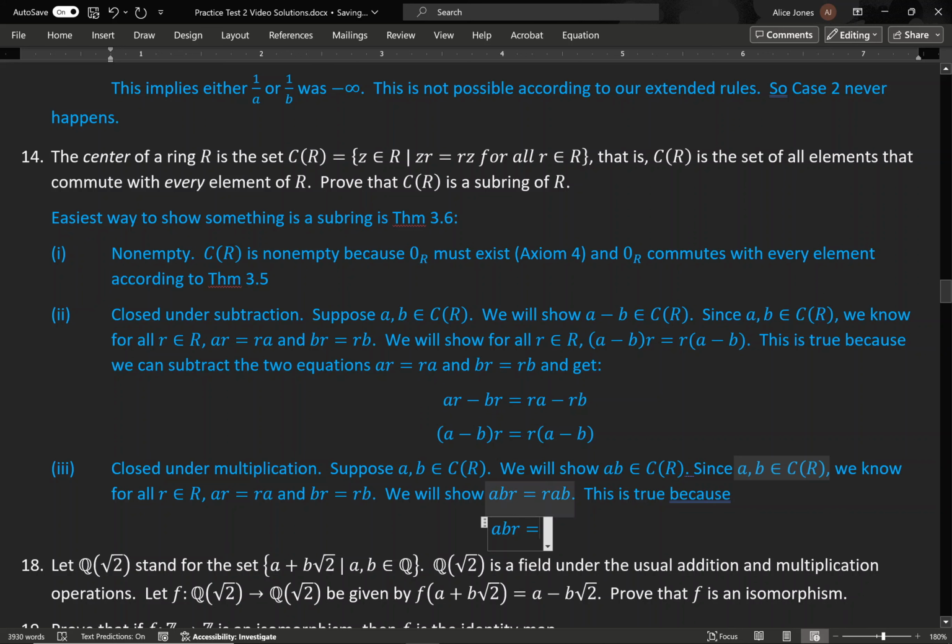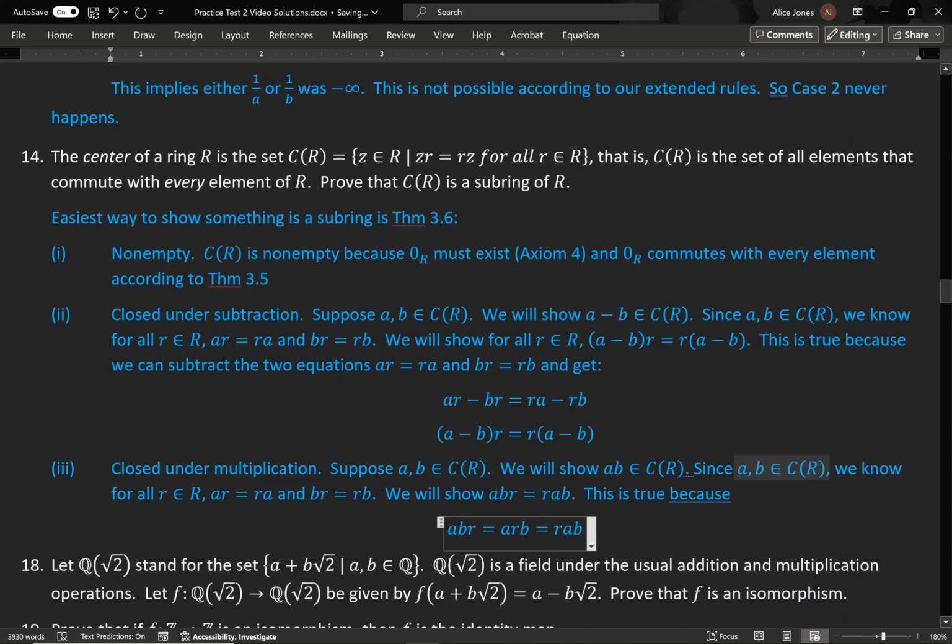I think there actually is, because don't we know that B times R from over here is the same as R times B? So we could replace the BR part with RB. And then when we look at it, we have AR, and we're also told over here that AR equals RA. So we can flip the AR part to become RA, and then the B stays in place.